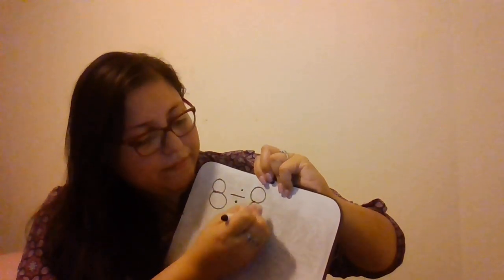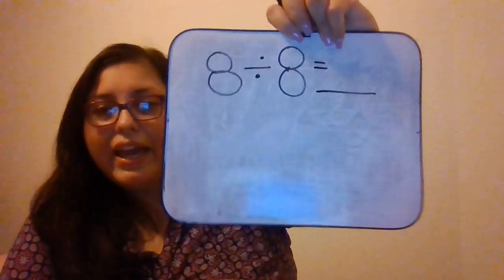When you have a number and you divide it by itself, by the same number, let's look at 8 divided by 8.